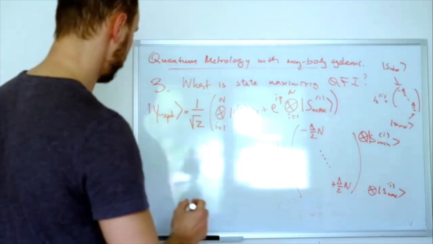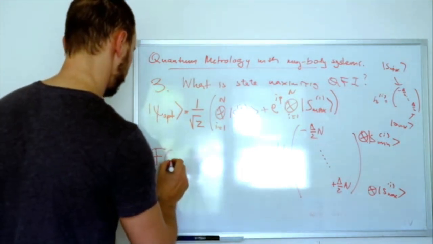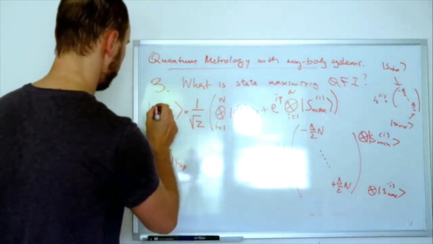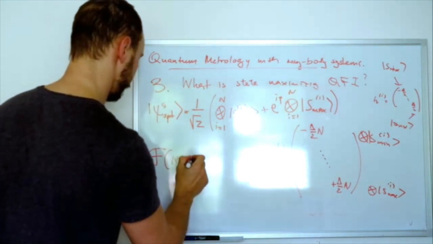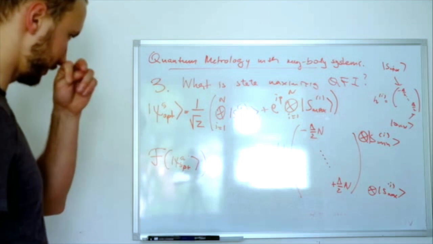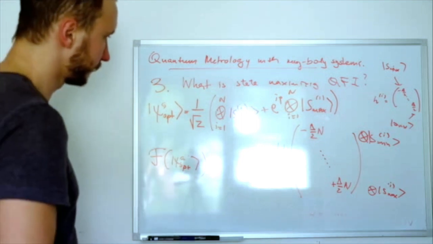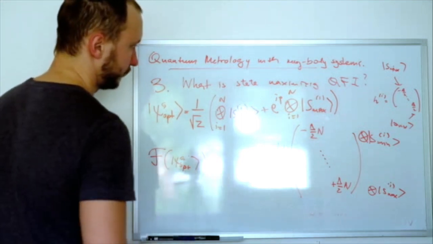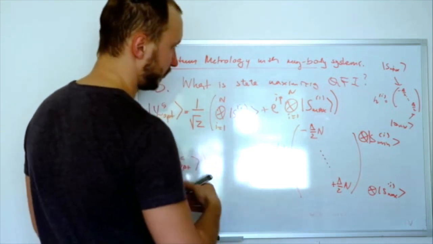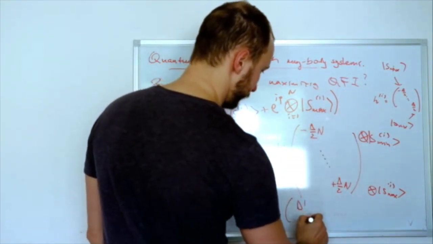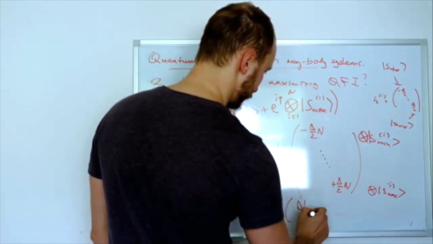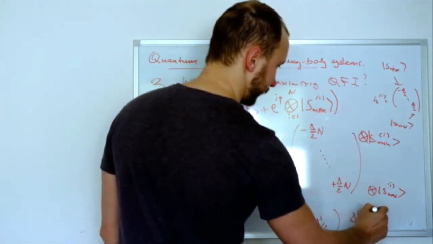And the Fisher information of the state psi opt, let's put psi opt global, some g maybe here, just to avoid confusion. Well, again, this is just the variance of this one. So you remember, basically it just means that we replace delta: this Hamiltonian is like taking minus delta prime over 2 to plus delta prime over 2, with delta prime equal to n delta.